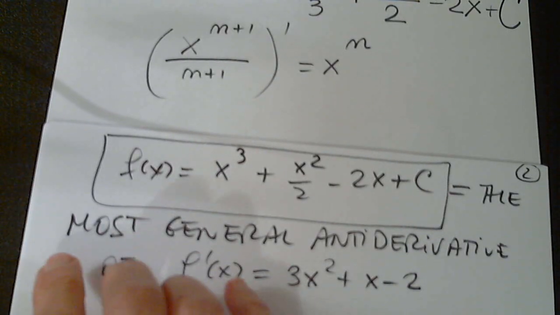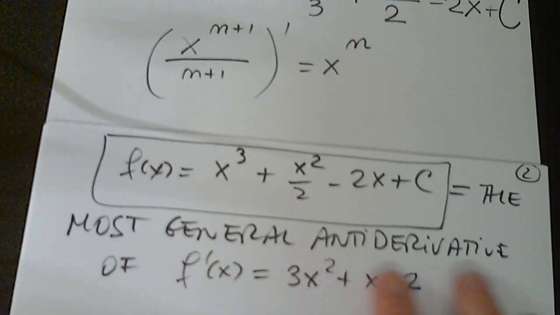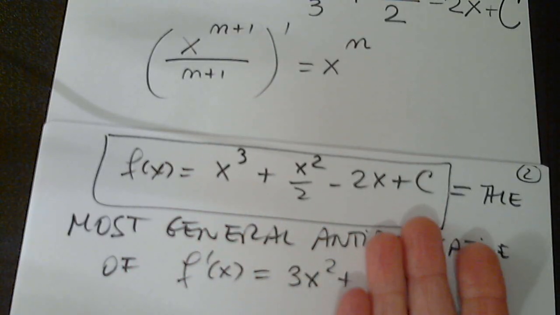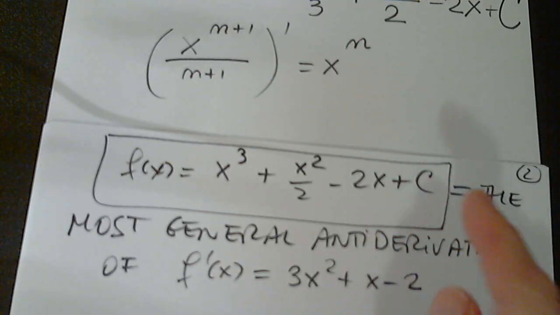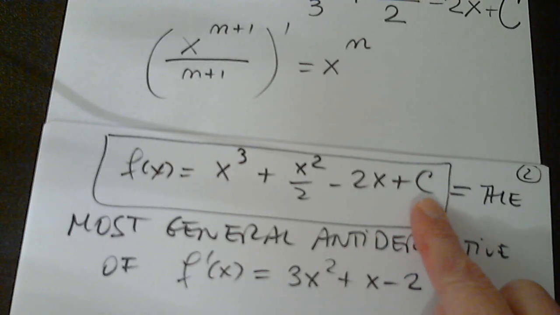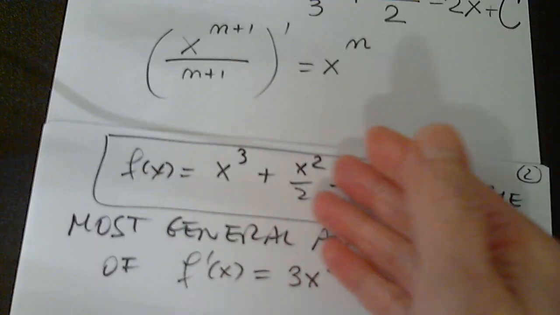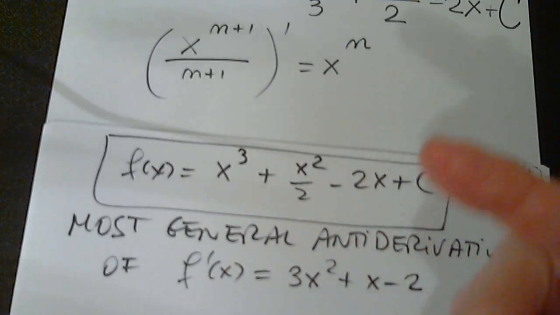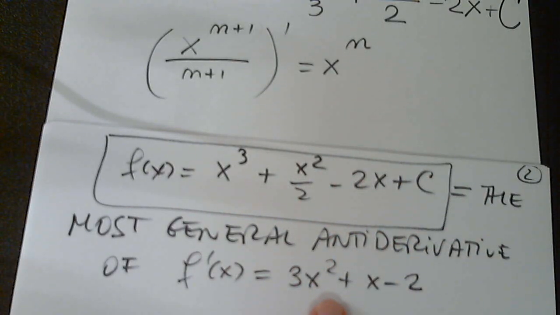This is a family. You can either say the most general antiderivative, or you can say it's a family of functions, infinitely many, because c can be any real number. So we have infinitely many functions whose derivative is this.